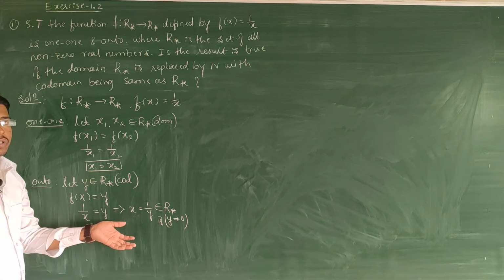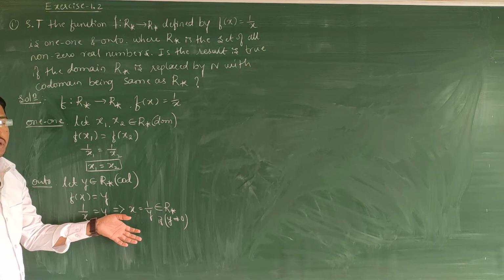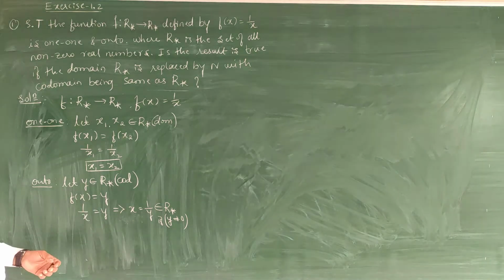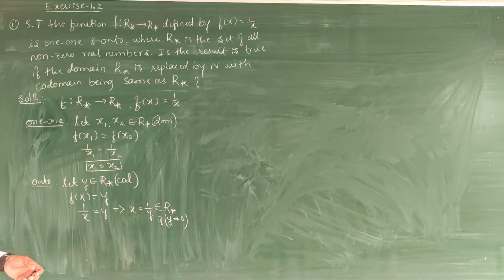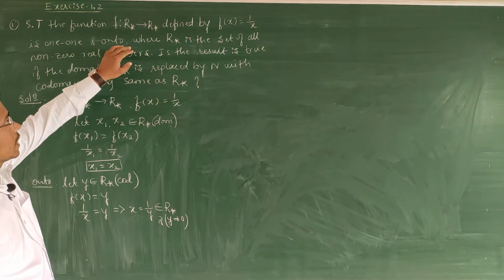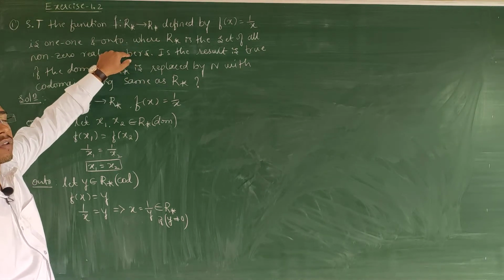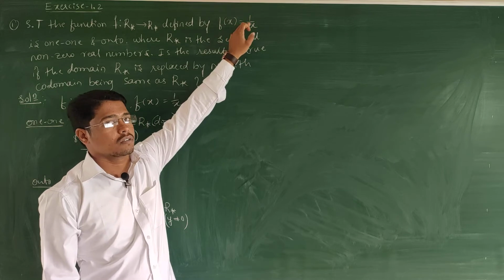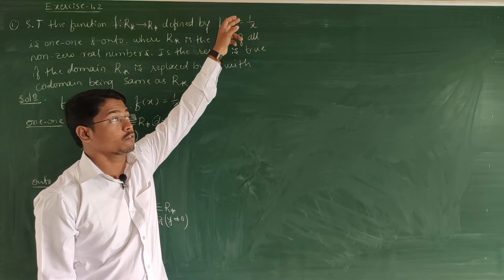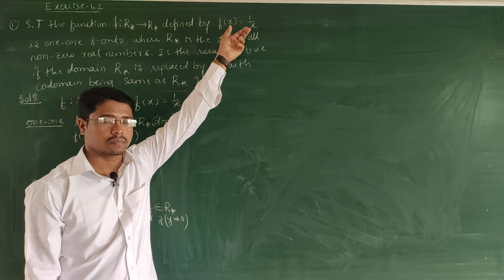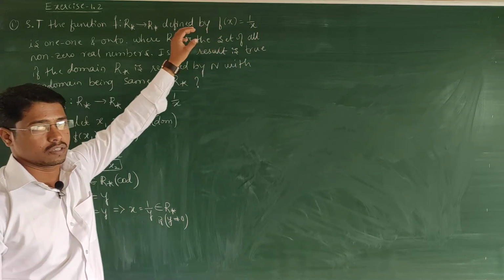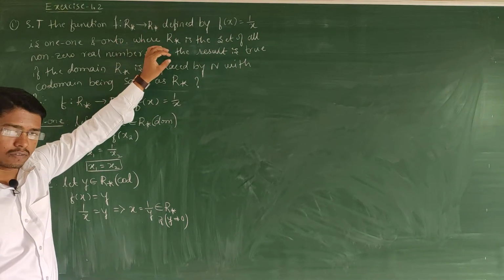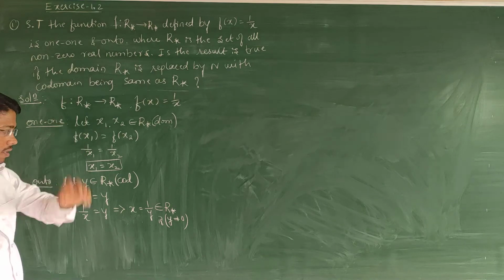If y is equal to 0, then this function will not be defined, because 1 by 0 is not defined. So that's why they mention R star is a set of all non-zero real numbers. If we put x equal to 0, 1 by 0 is not defined, therefore the function will not be defined. That's why they mention R star.